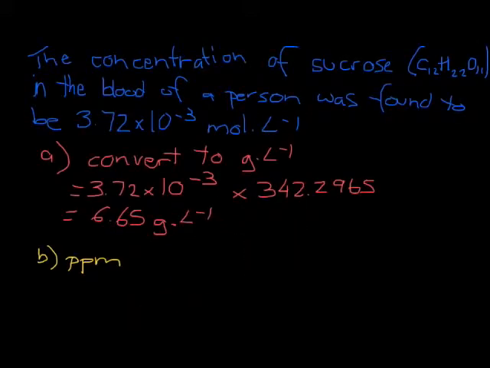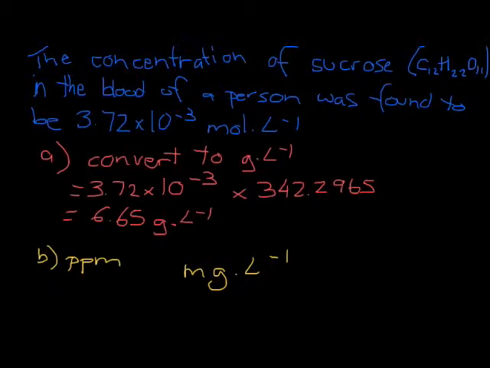So, what about parts per million? Well, when we're talking about parts per million, we're talking about how many bits per million. And if we think about litres, that's grams per litre, that's parts per thousand. So to get to parts per million, we need to divide by another 1,000. So it's kind of like saying, well, we're going to get how many milligrams per litre. So we just need to divide these grams per litre by 1,000.